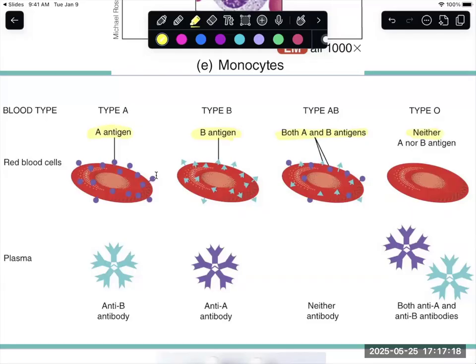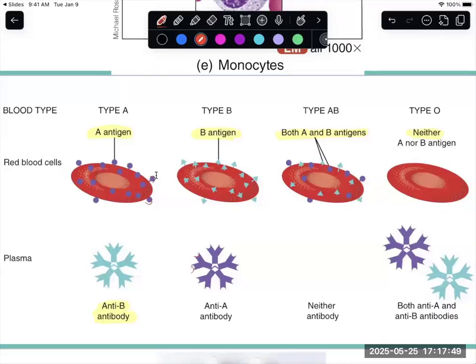So if somebody has type A blood, they're going to have anti-B antibodies. So if somebody with type A blood was given type B blood, these antibodies would go in and kill off that B blood cell. Same thing with somebody with type B blood that was given type A. If you notice, these parts here fit together with these specific antigens found on this red blood cell.